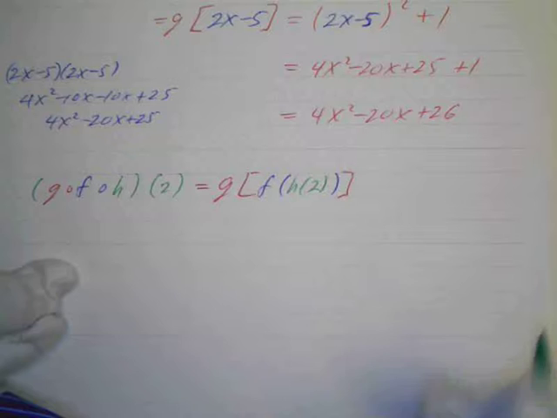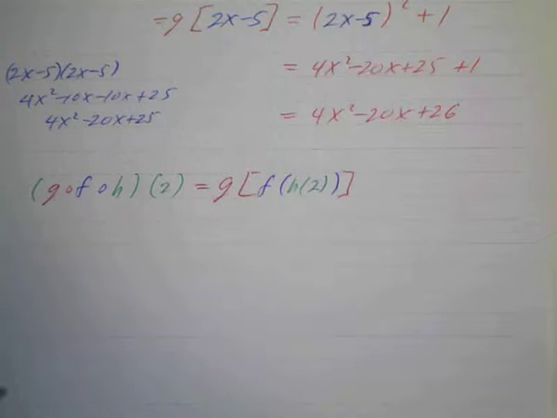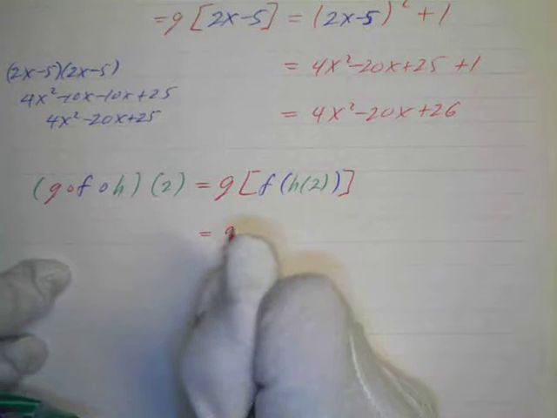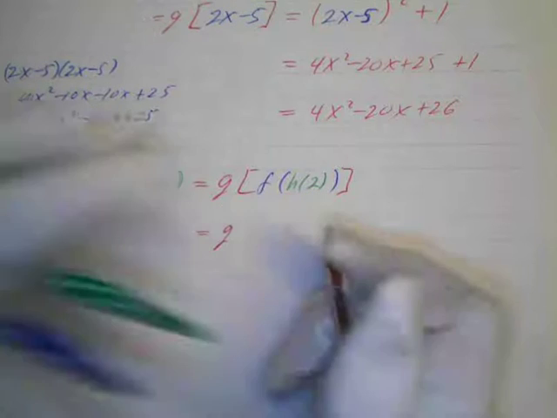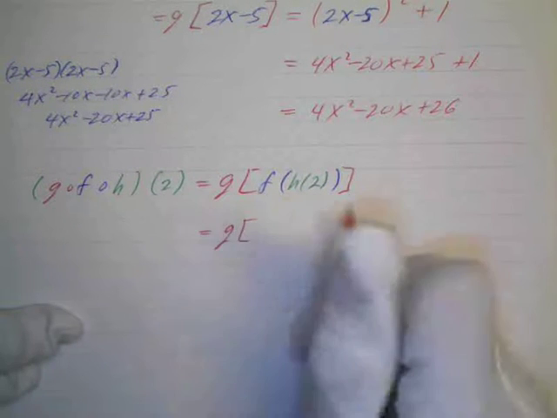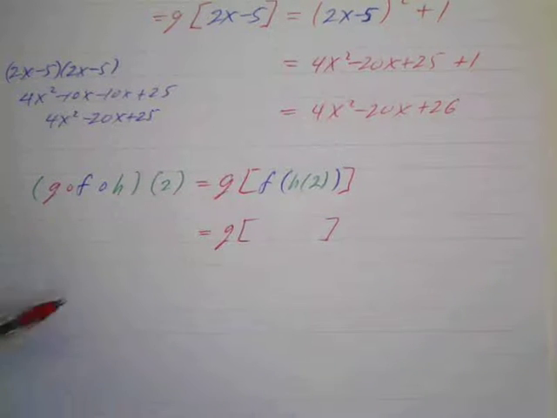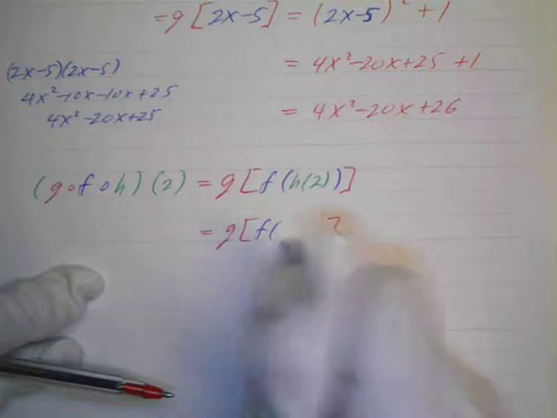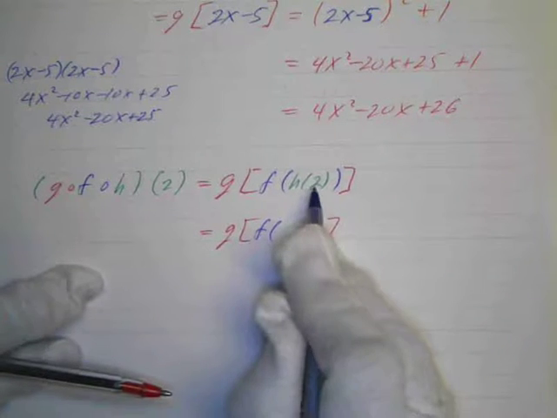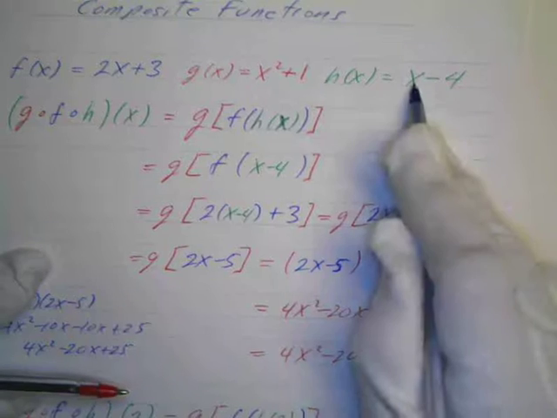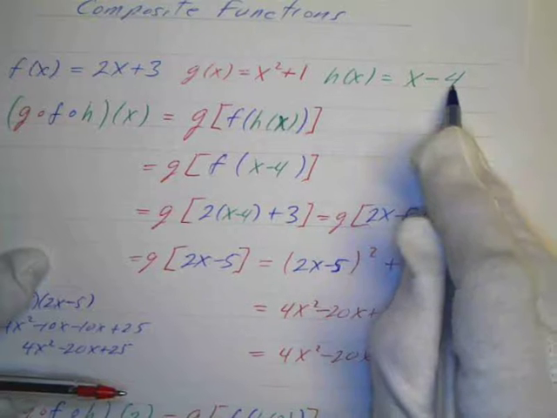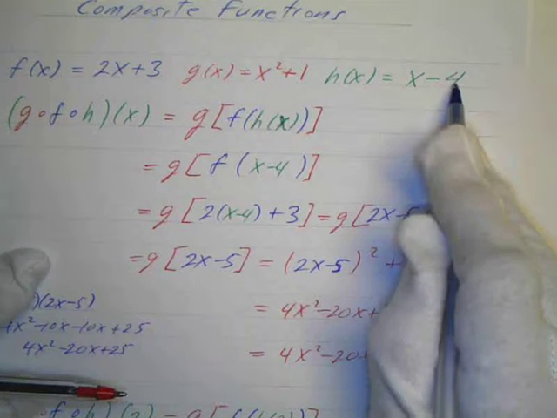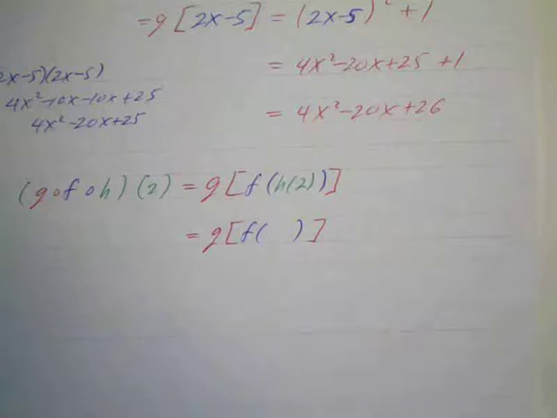What's h of 2? Look at the h function, and if we put 2 in there, 2 minus 4 is negative 2.